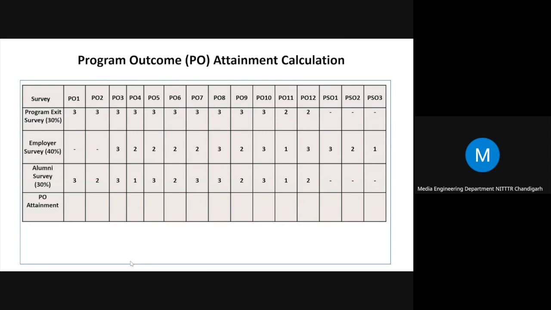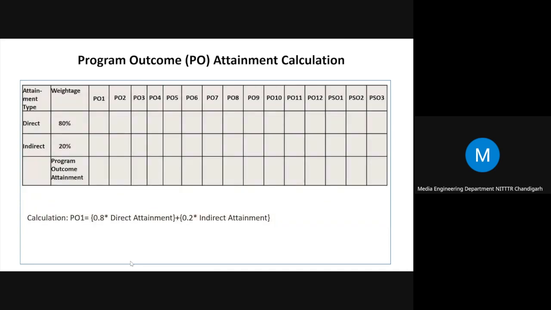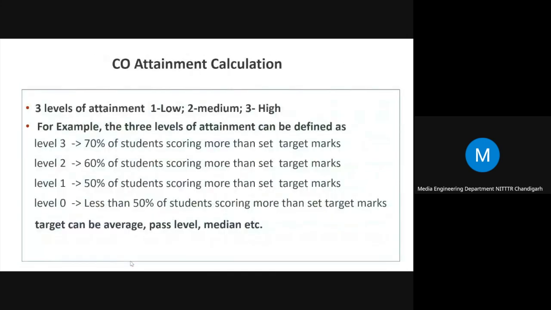Then we'll consider this indirect survey part. This survey slide is there, and then we'll combine direct and indirect and find the overall PO attainment, right? This is the activity which we'll be doing together.